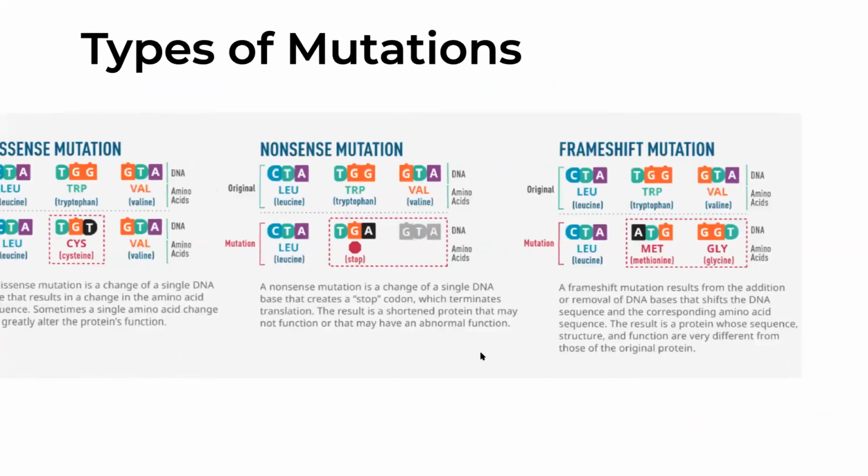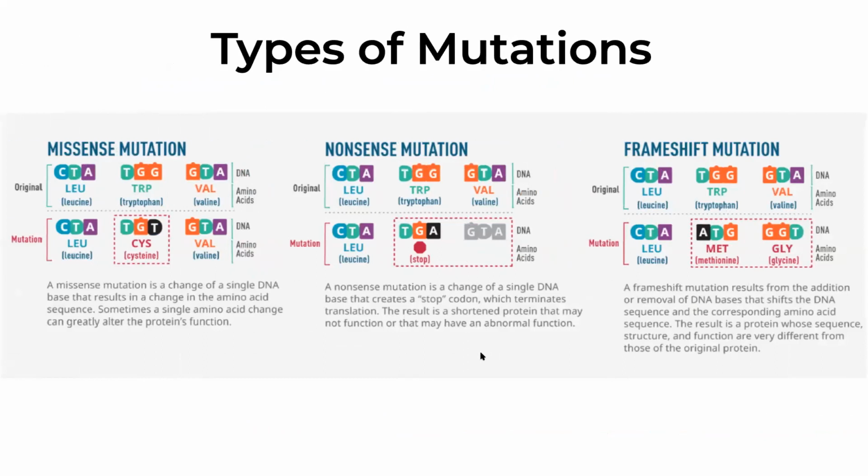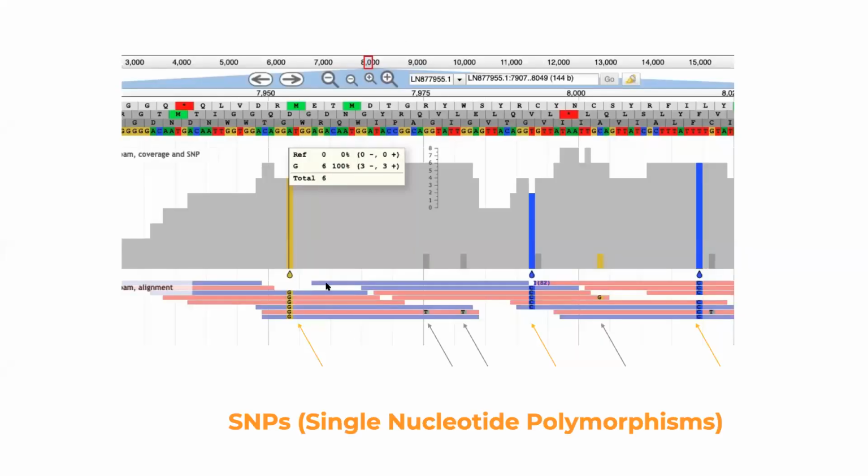There are at least 3 different types of mutations. Missense mutation. What is a missense mutation? Missense mutation is when a single DNA base results in a change in the amino acid. So if we go back over here, these ones that are highlighted over here are going to change the amino acid sequence.